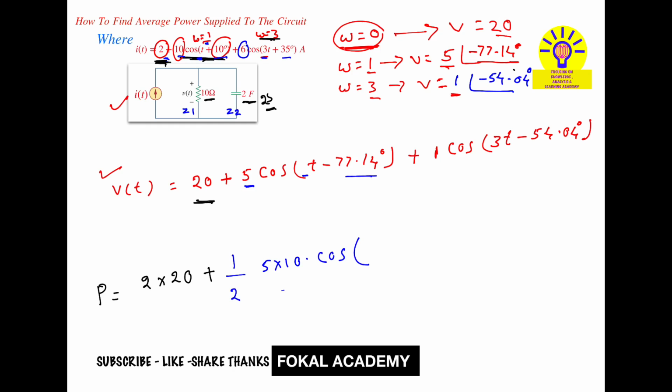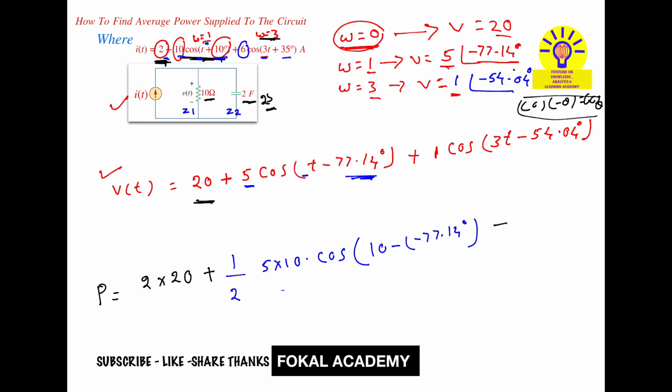For these signals, only the change in the phase matters, that is 10 minus of minus 77.14 degrees, or you can subtract the other way, minus 77.14 minus 10, no problem, because cos is an even function. So cos of minus theta gives cos theta only, nothing changes.